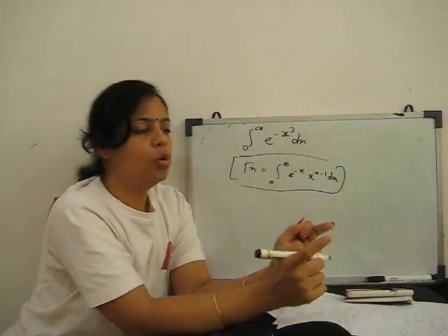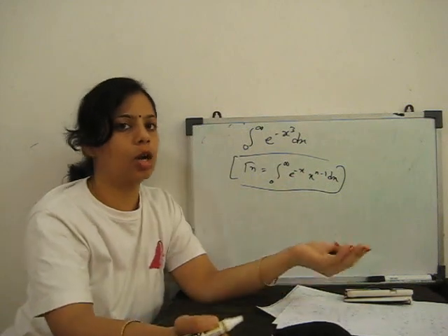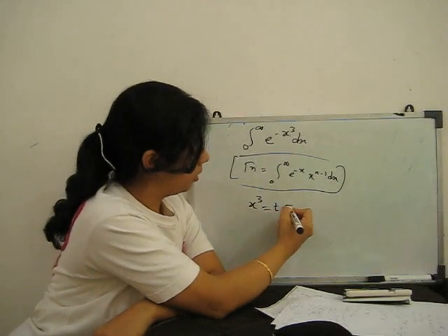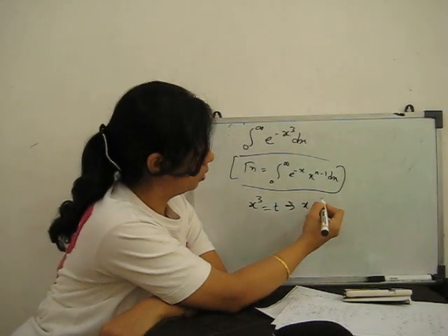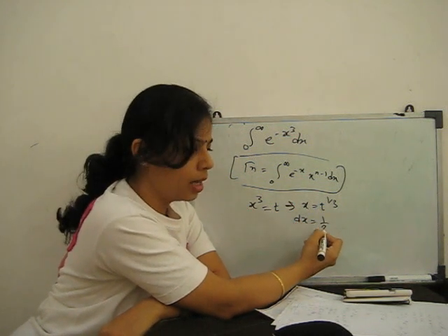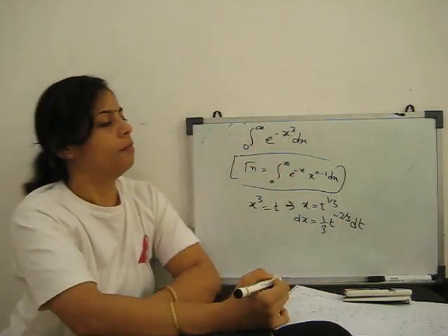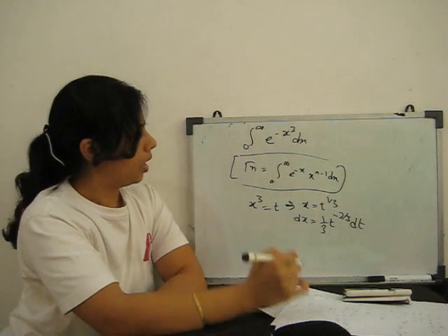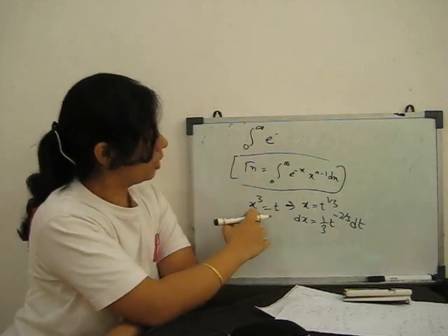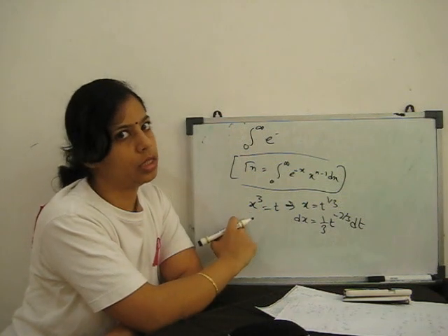So what you can do: this has no power, so you just put x cube equal to t, or anything. If we put x cube is equal to t, it means x gives t to the power 1/3. Then dx is equal to 1/3 t to the power minus 2/3 dt. When we substitute this here, our integral becomes: the limits also, when x goes to 0, t is 0, and x going to infinity, t is also infinity.